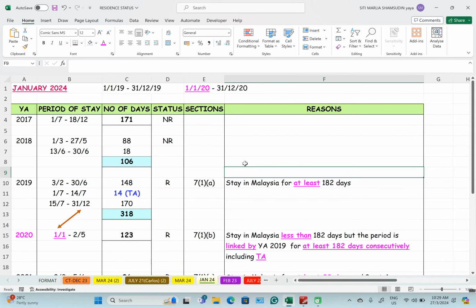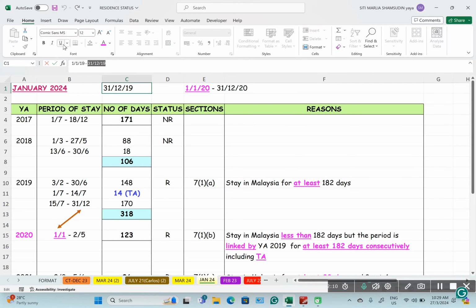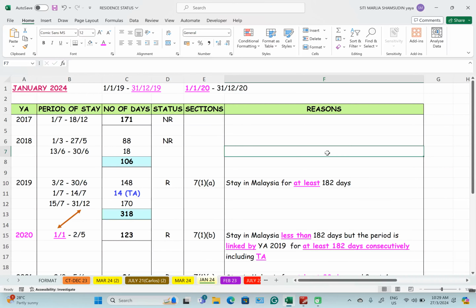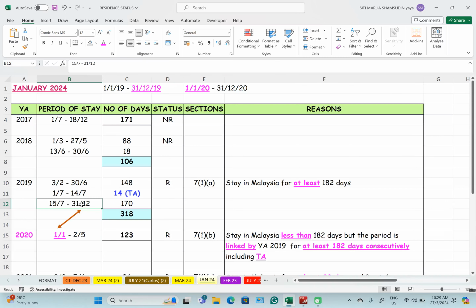So condition number 1, done. After condition number 1 is done, now you reverse back to 2019. The first day that you will see, guys, is not January 19, but 31st December 2019. So condition number 2, make sure we have 31st December 2019. Do we have 31st December 2019 in 2019? Of course we have. Yes, we do.